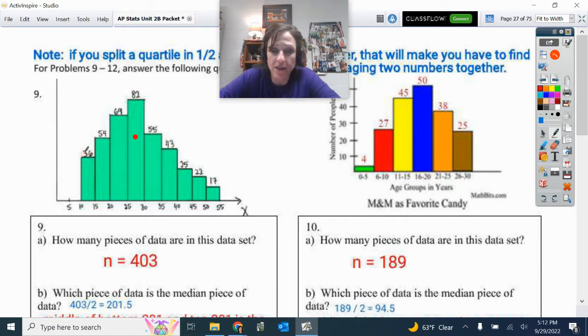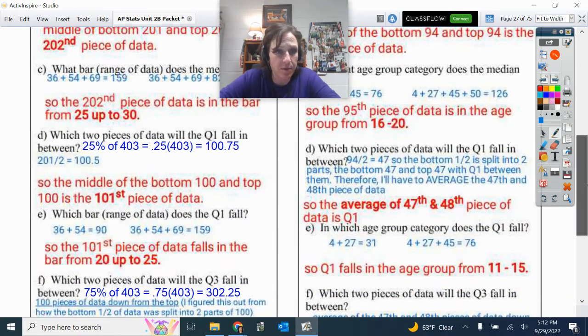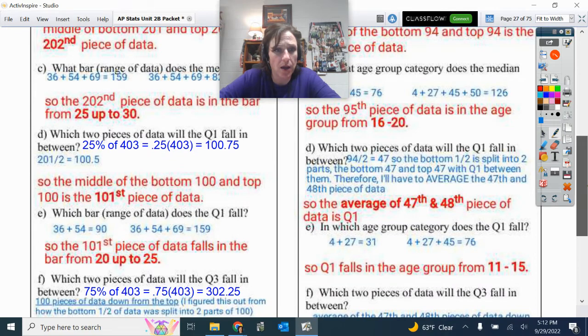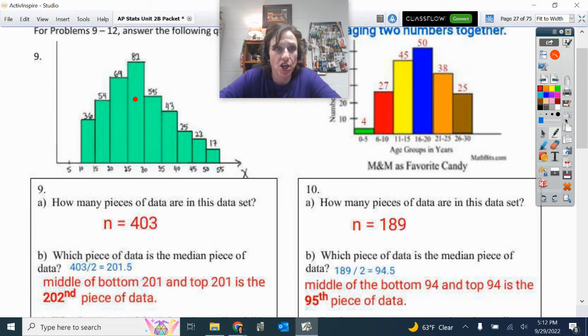I know that if I add 36 plus 54 plus 69, well, 36 plus 54 is 90 pieces of data. So I haven't passed it yet. If I add the next bar of 69, that takes me to 159.